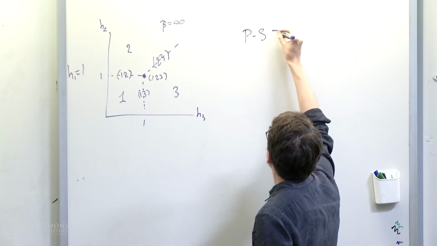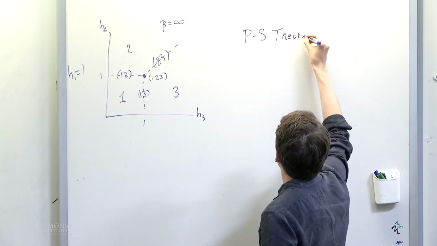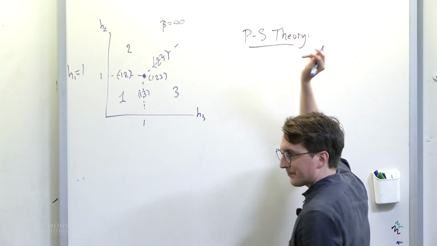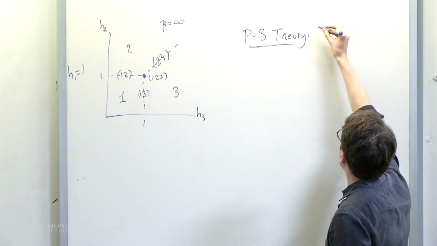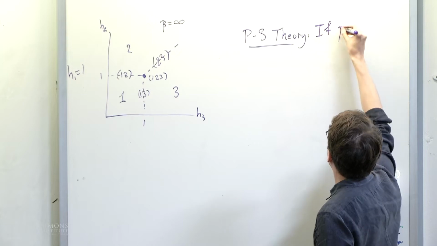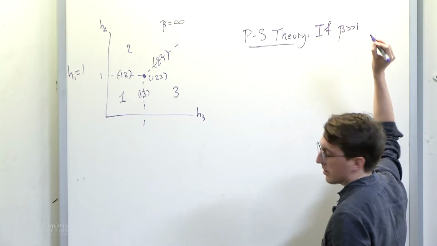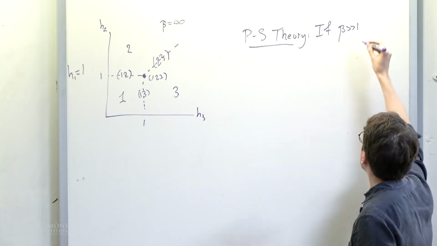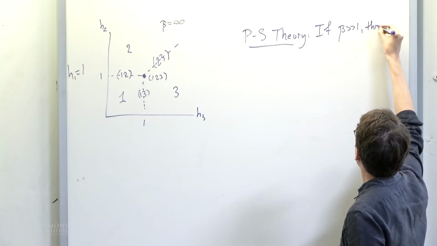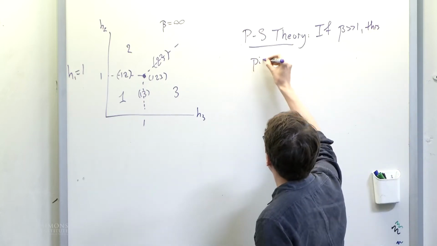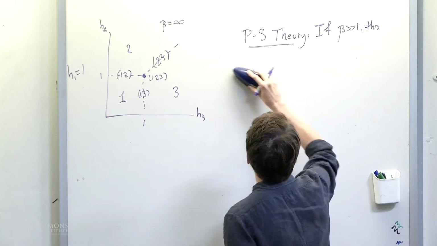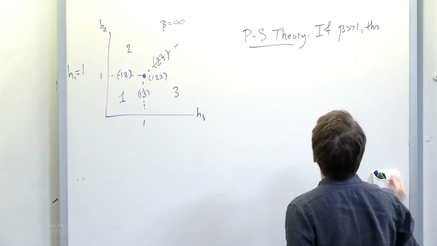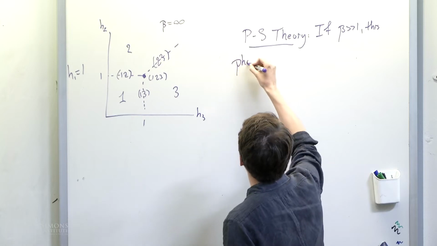So what is Pirogov-Sinai theory? Well, what it says is that if beta is very large, this phase diagram is still true.